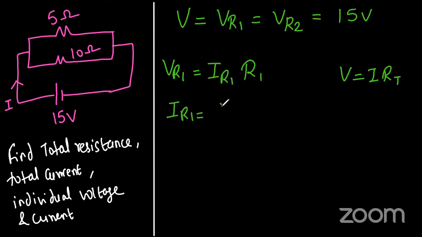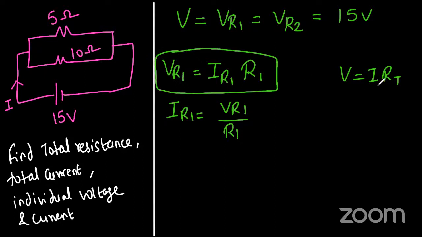So IR1 is VR1 divided by R1. So I changed Ohm's law this way. VR1 is 15 and R1 is 5, so find out the answer.